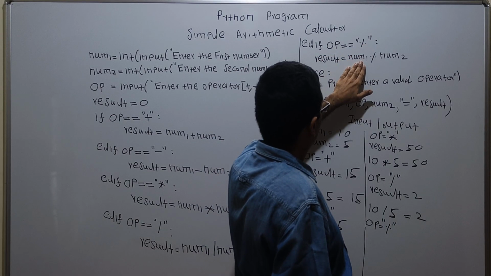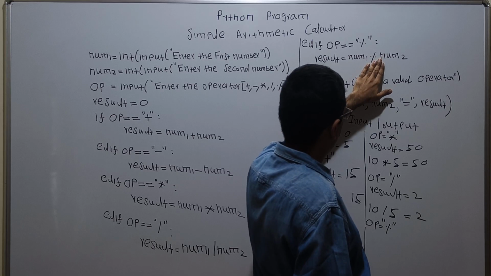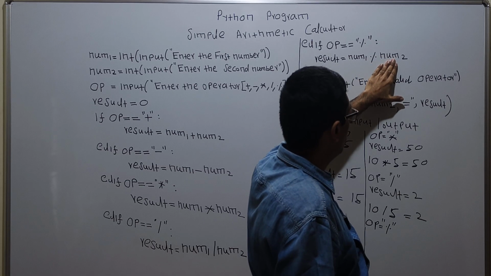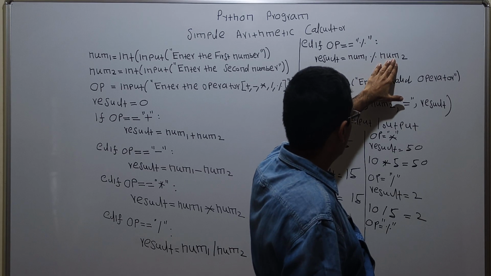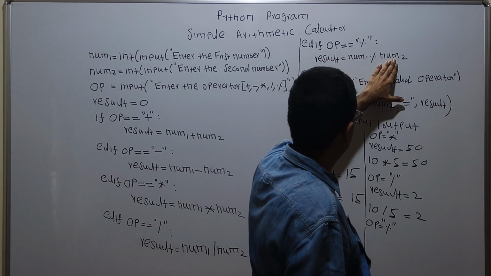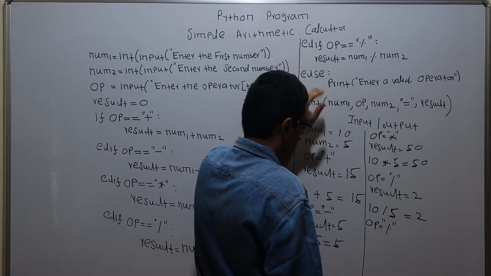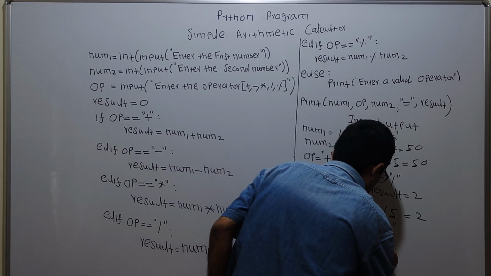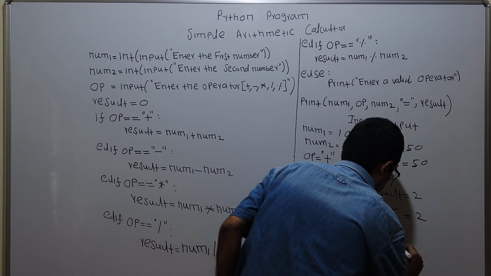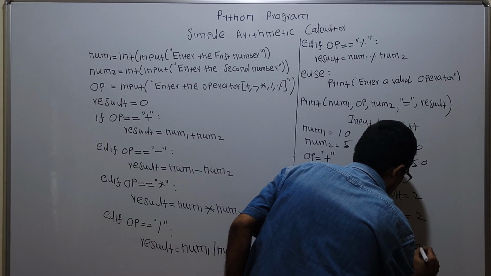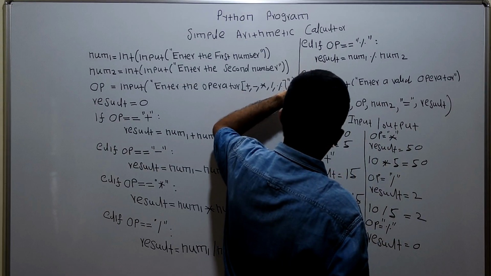It will perform 10 modulo division of 5. That means 10 divided by 5. The modulo operator always returns a remainder. When you divide 10 by 5, the remainder is 0. 0 will get stored in the result. My result is 0. Now you will get output 0.